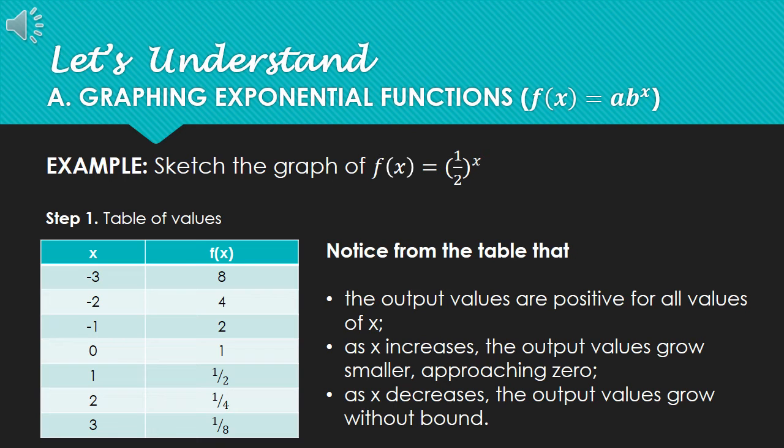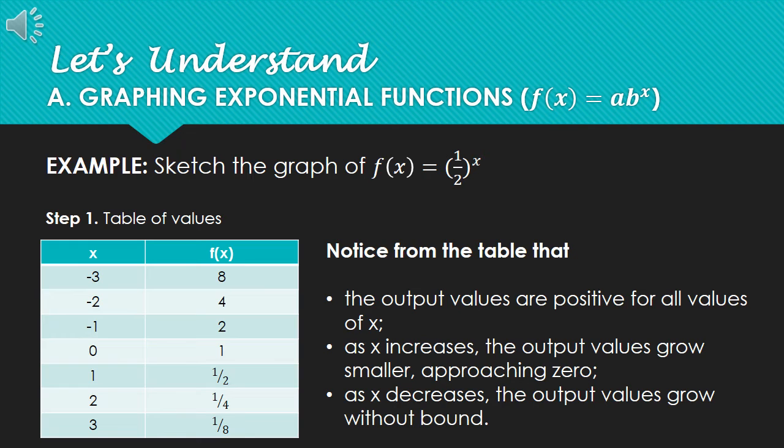Yes, we also use negative 3 to 3 here. But on the values of f of x, we can now see that the values are decreasing. So notice from the table that the output values are positive for all values of x. Yes, it is still positive, but as x increases, the output values grow smaller, approaching 0.